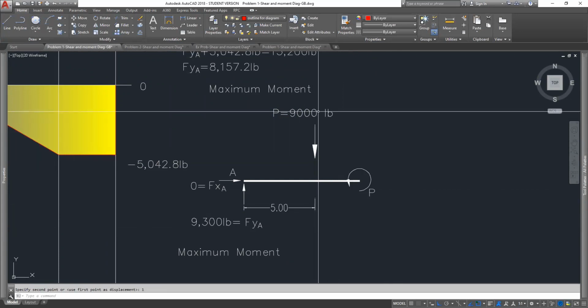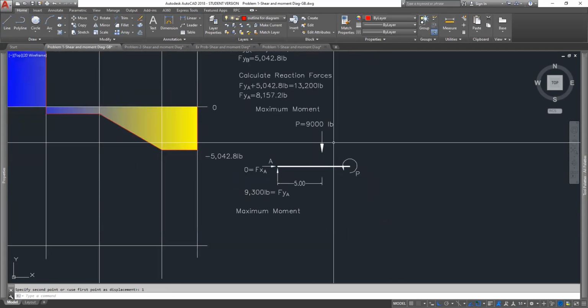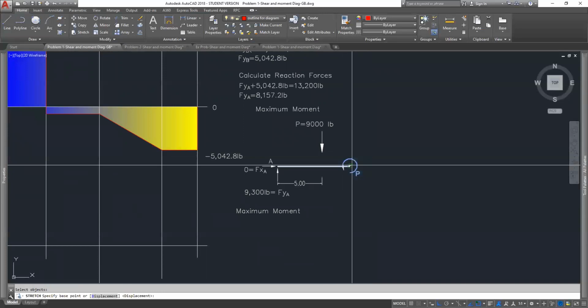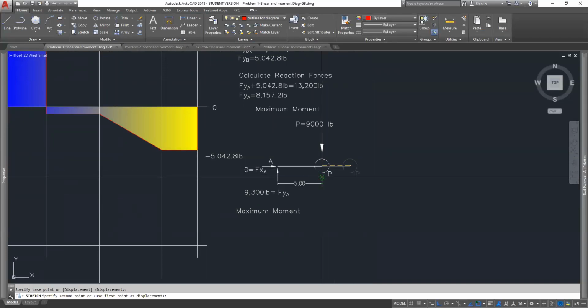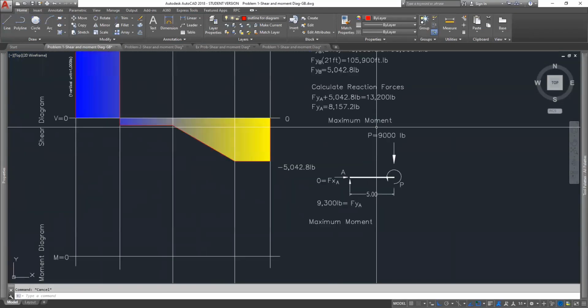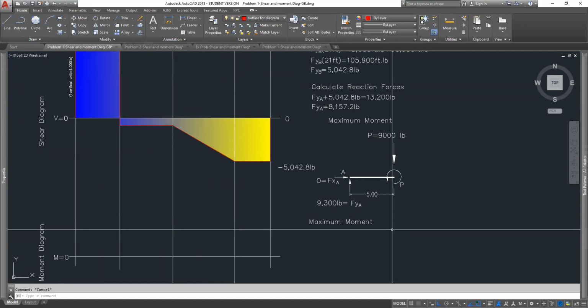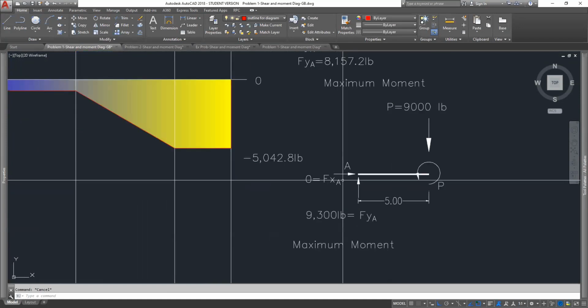All right, so we know that vertical load from A is coming down at that point. We know that this is located at one and the same.